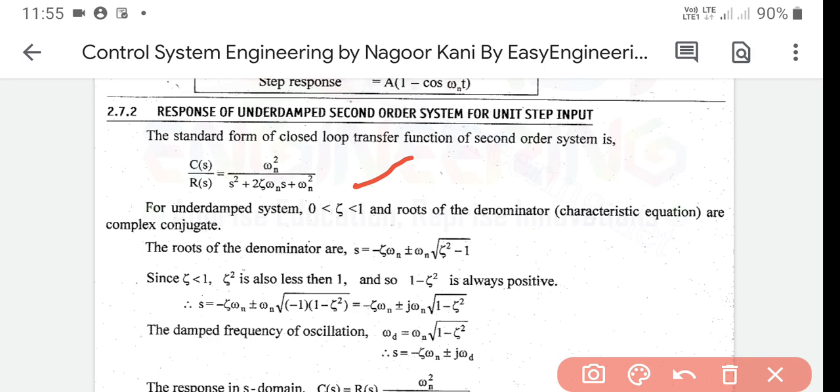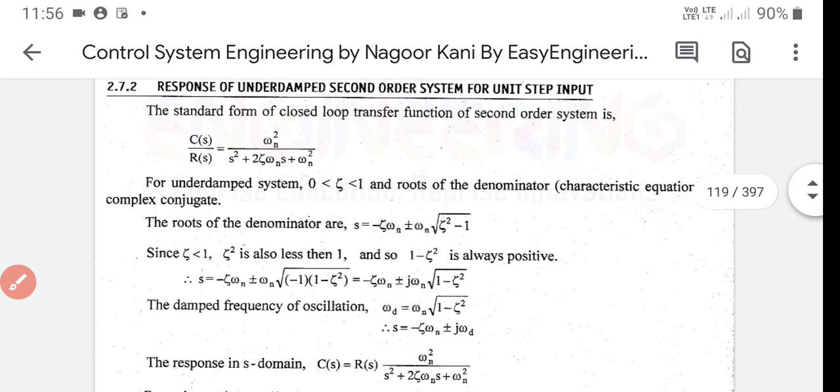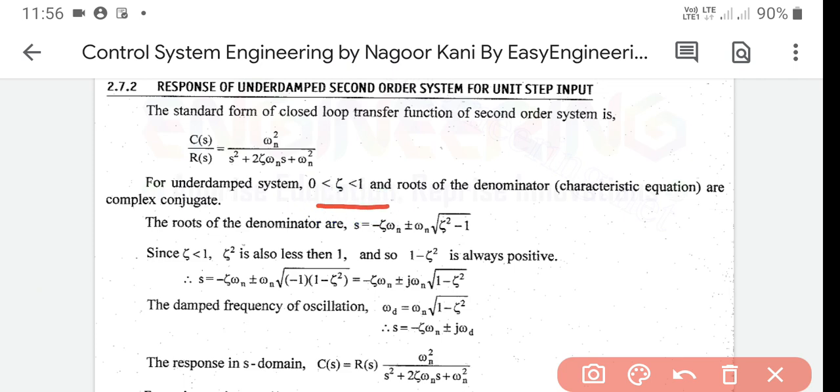Now for this standard form, we have to derive C of t, that is, the response in the time domain for the unit step input. So now you are going to consider the zeta value lying between 0 to 1 for the underdamped system.